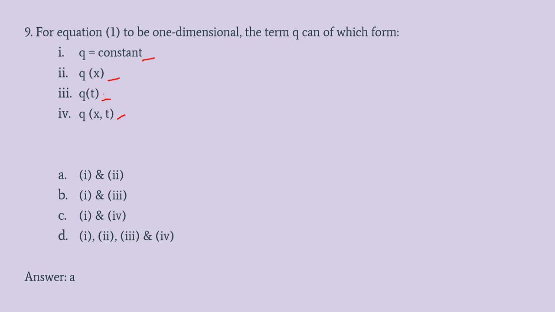Hence we can't take these two, q of t and q of x comma t. Both these cases we can't consider. We can consider either q is a constant or q varies with respect to x. So our option becomes 1 and 2, that is option A.